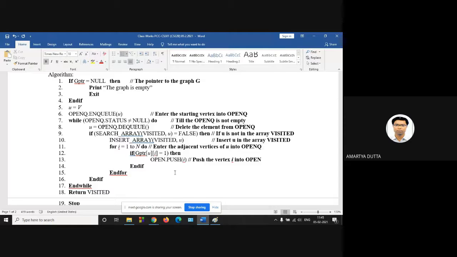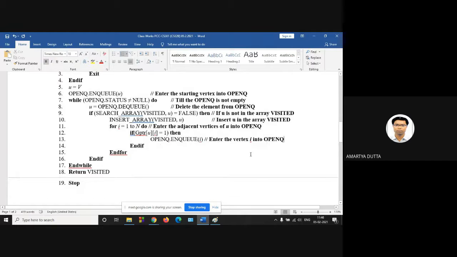And if GPTR of U, I is equal to 1, then open queue NQ, that is, enter the vertex I into open queue.